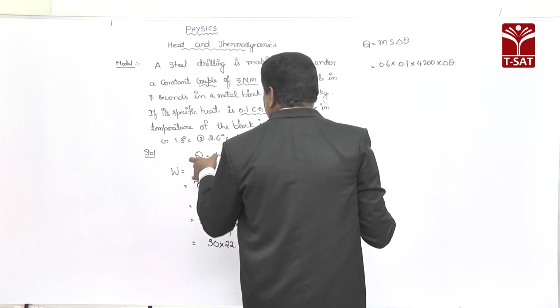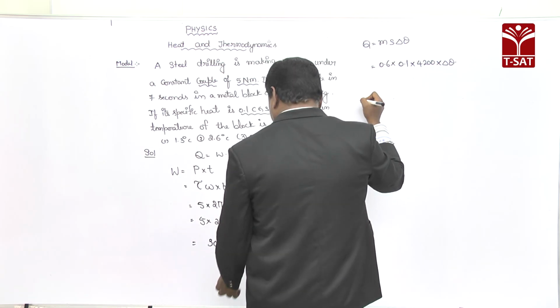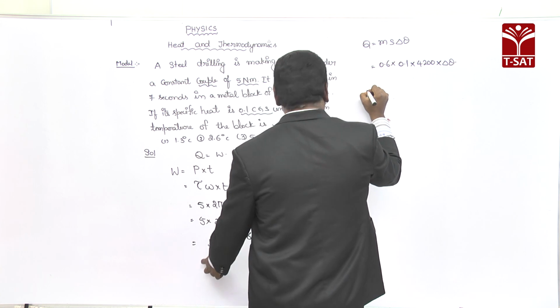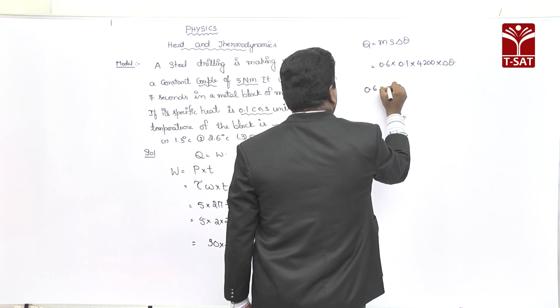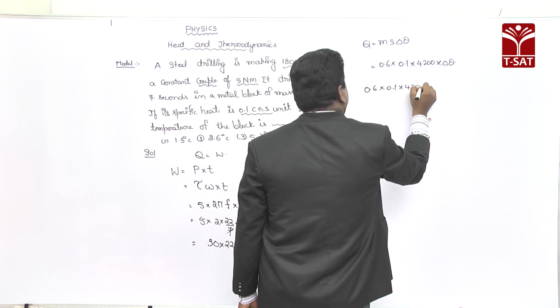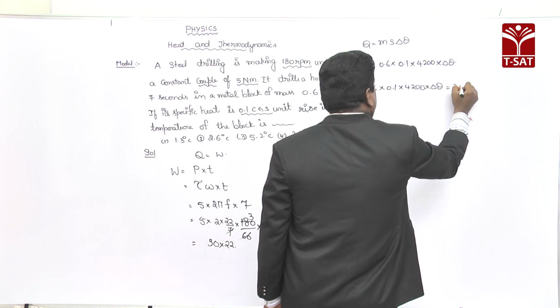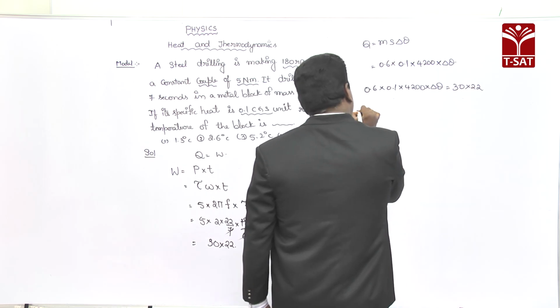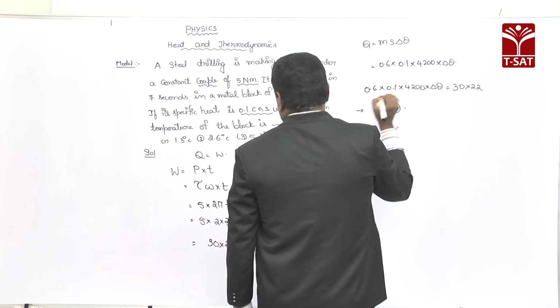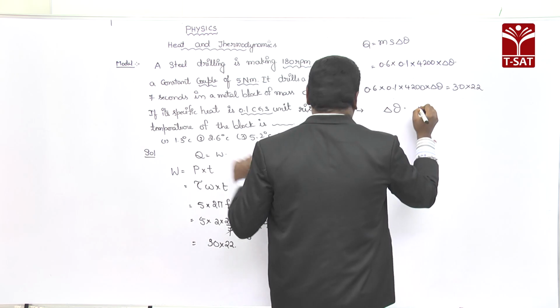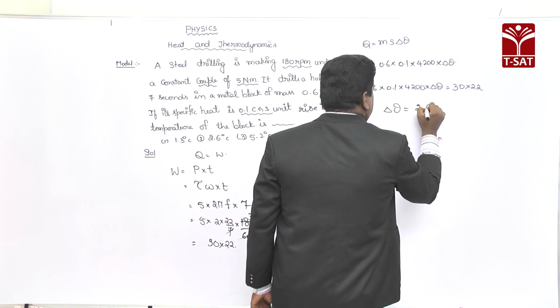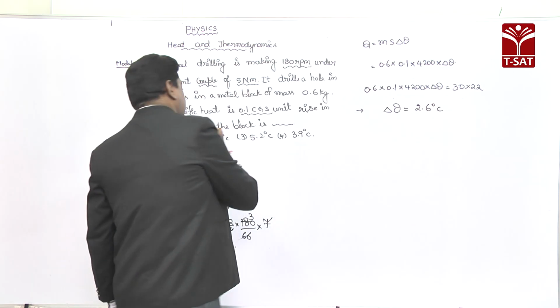Substituting both of them in the first equation, what we are getting is 0.6 into 0.1 into 4200 into delta theta equals 30 into 22. On simplifying, we get delta theta as 2.6 degrees Celsius, which is our second option.